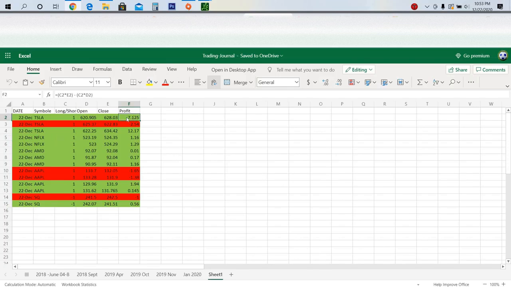But this is not like actual profit. This is per share profit. So if we do this, you can see overall it was $19 per share profit. So it was a really good day.